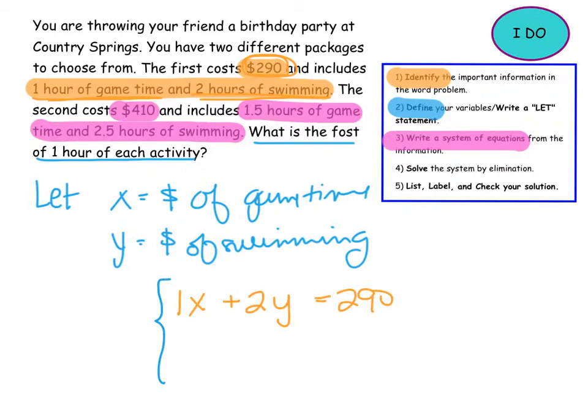The next sentence told us that 1.5 hours of game time and 2.5 hours of swimming will cost us $410. So we now have our system. Next, we will need to solve, list, label, and check our solution, which will be on the next page.